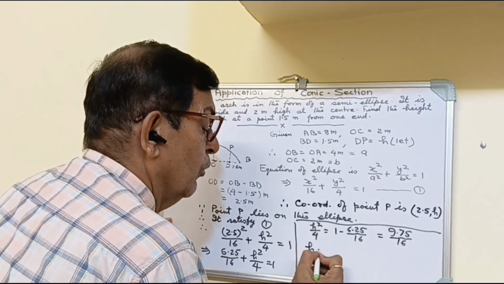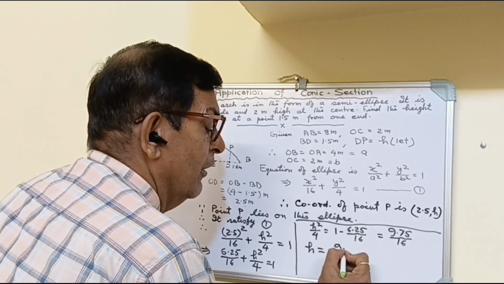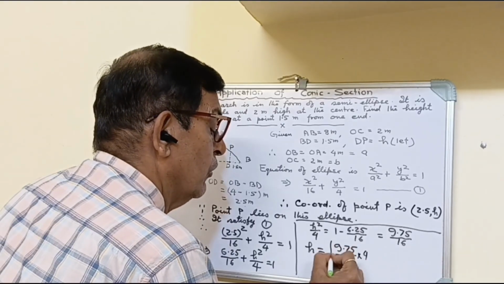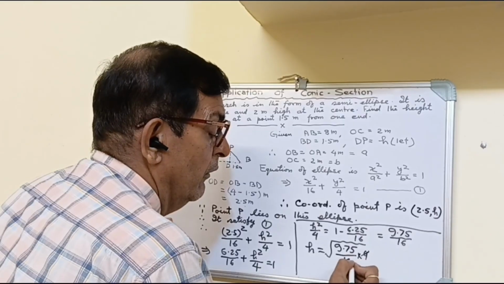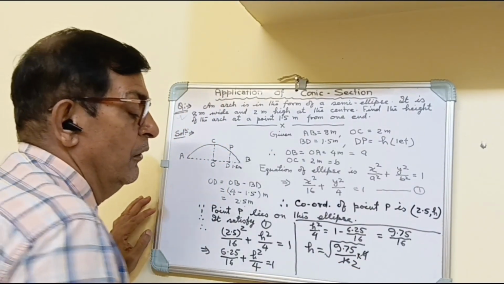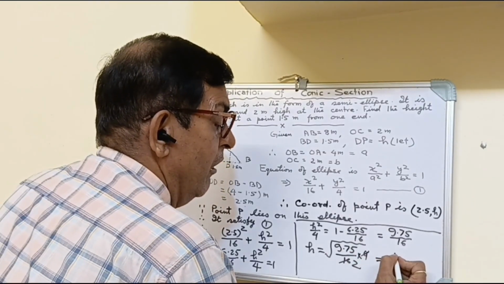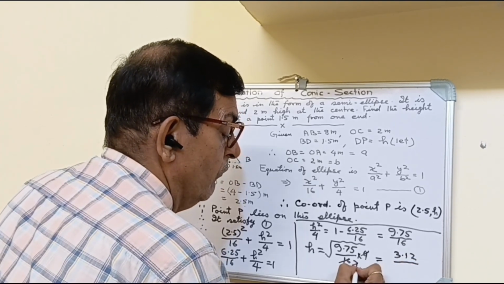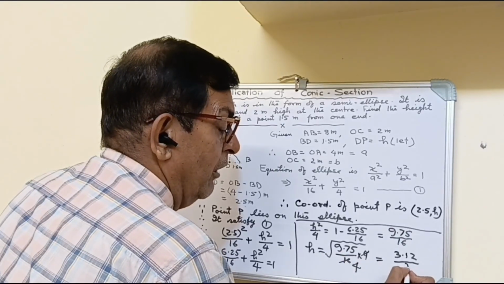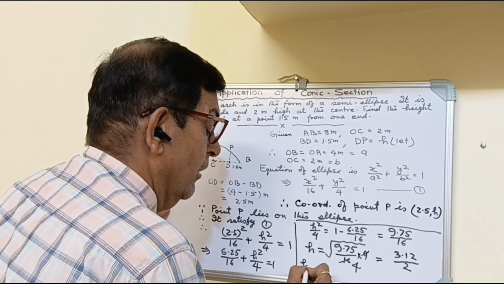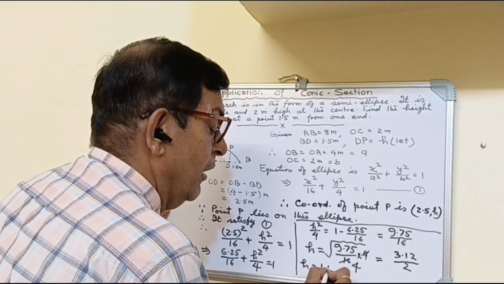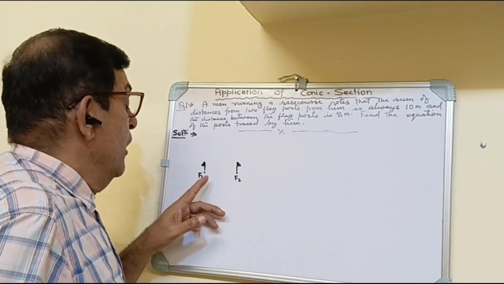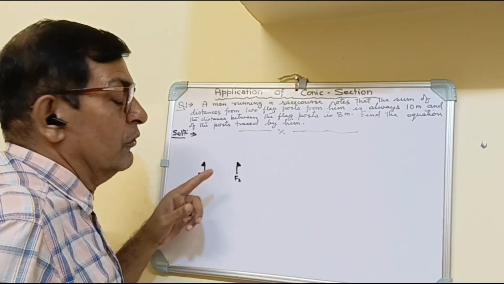So h square is equal to 4 multiplied by 9.75 by 16, under square root. So h is equal to 9.75 by 2 under square root, which comes to about 3.12 up to 2 digits, by 4 square root, that is 2. So h comes out to be 1.56 meters approximately.